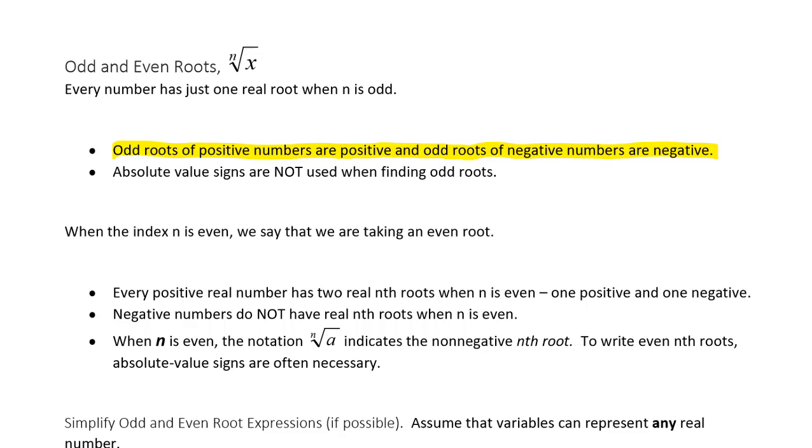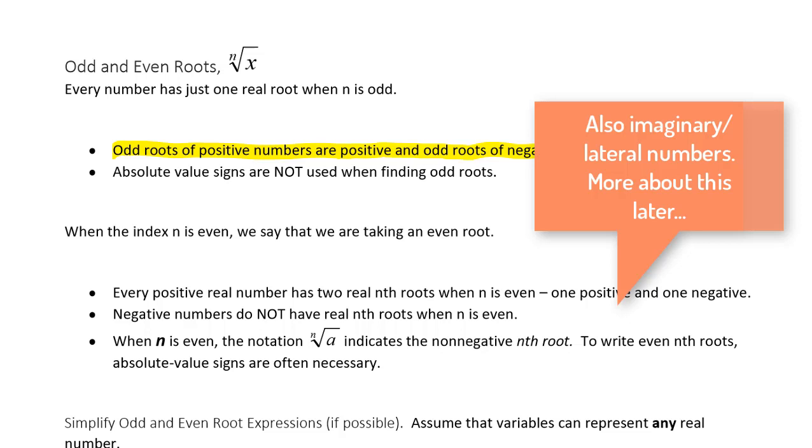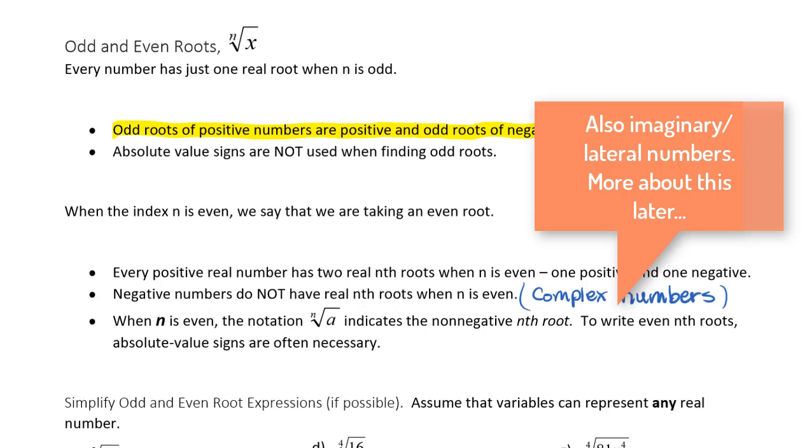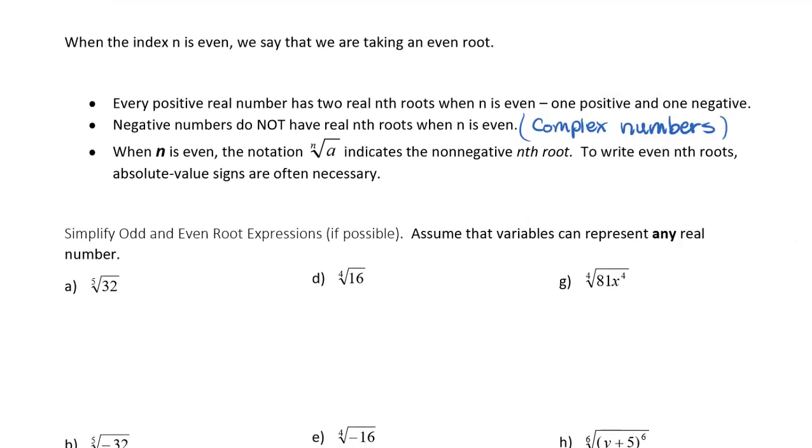This is when you get complex numbers. When n is even, the notation nth root of a indicates the non-negative nth root. To write even nth roots, absolute value signs are often necessary.